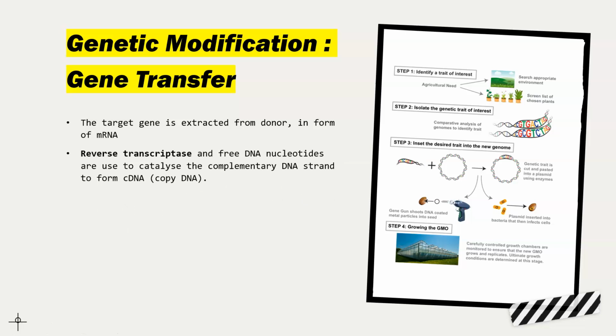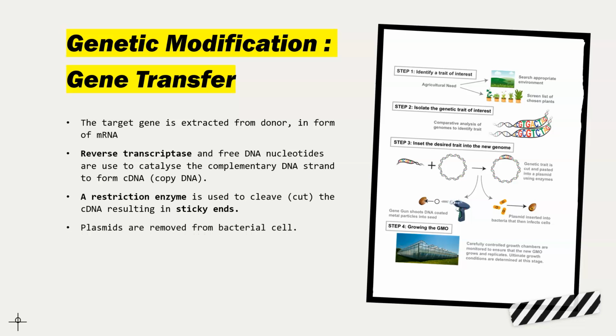Reverse transcriptase and free nucleotides are used to catalyze the complementary DNA strand to form what we call cDNA, so copy DNA. Now, a restriction enzyme, like we just spoke about, is used to cleave, so cleaving means to cut, the cDNA, resulting in this case in some sticky ends.